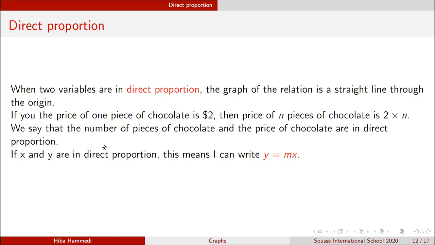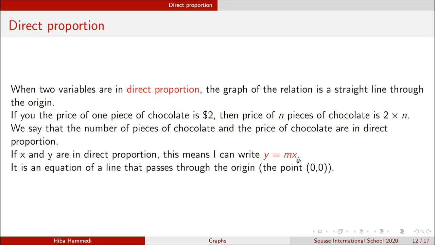If, for example, x and y are in direct proportion, it means I can write y as m times x. There is a number m that I can use to write y in terms of x, right?